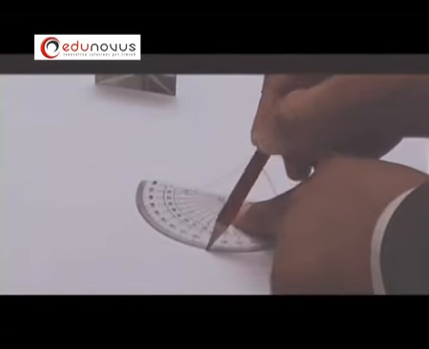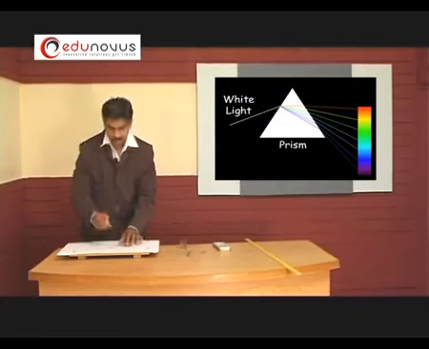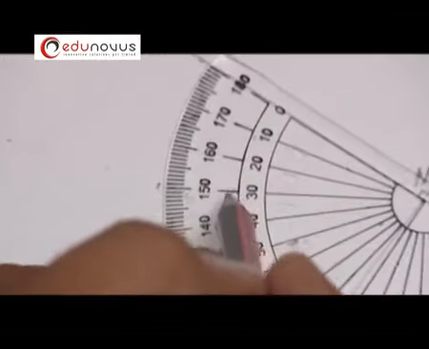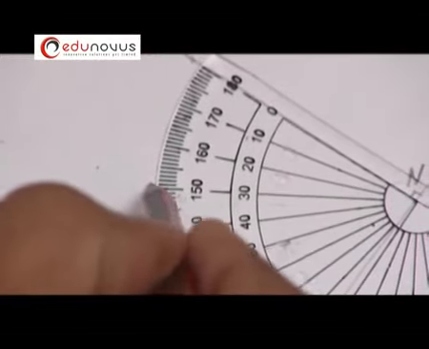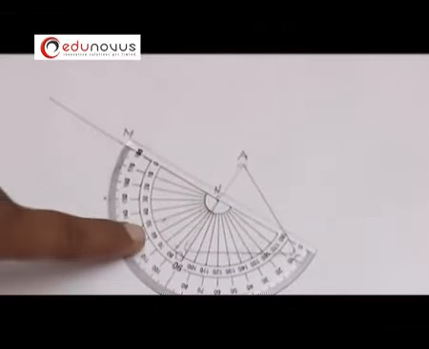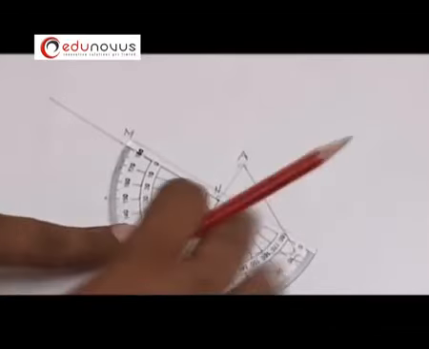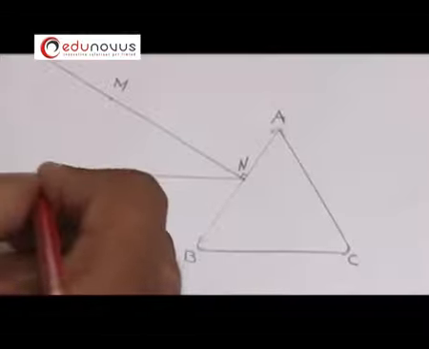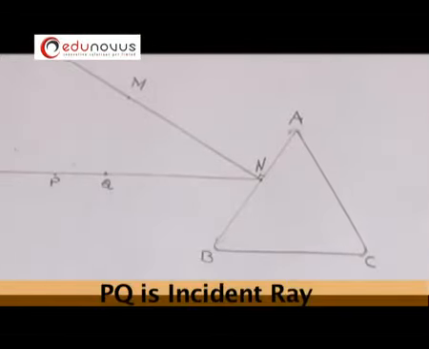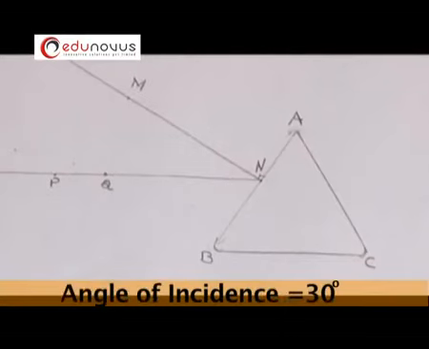Now, draw a 30-degree line from the normal with the help of the protractor. P and Q are two points on this line. PQ is the incident ray and angle of incidence is 30 degrees.